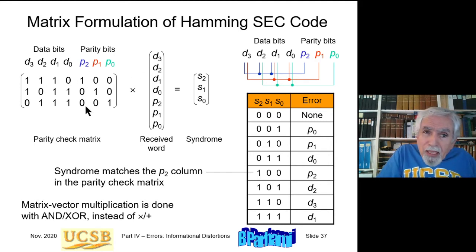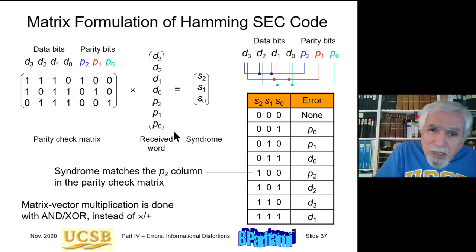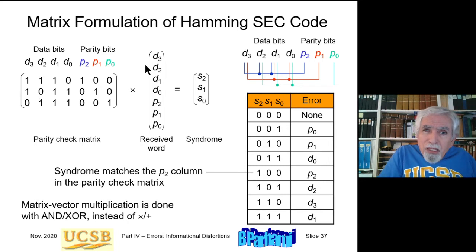In binary error codes, we do AND, so 1 AND D3, which is the same thing as multiplication, so that part is not different. But then we do exclusive OR, so 1 times D3, XOR 1 times D2, XOR 1 times D1, and so on. That's basically the parity check, because we are doing D3, D2, D1, and P2. This is the parity check, and it generates S2.